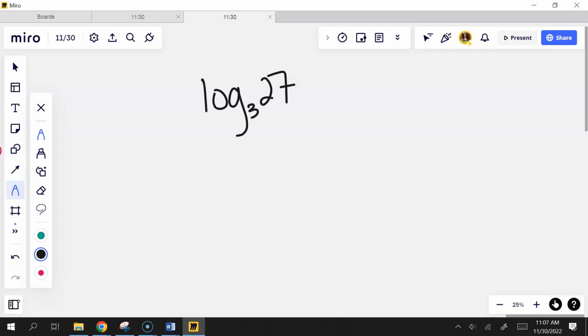Tell me what it equals. What you got, Corey? 1? Nope. Why? What would I need to put here to make this equal 27? 3. But I do have a base here.